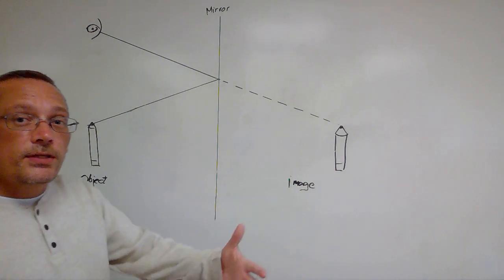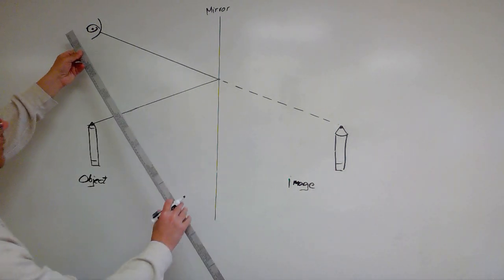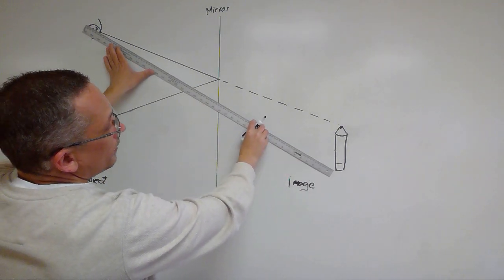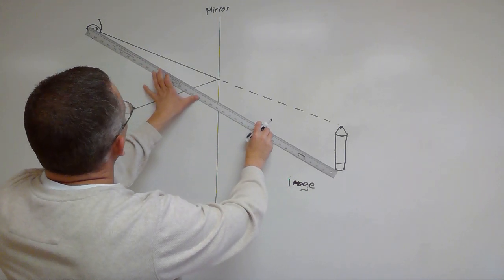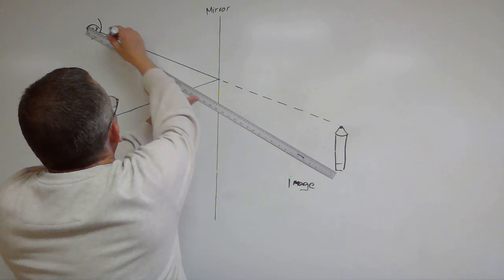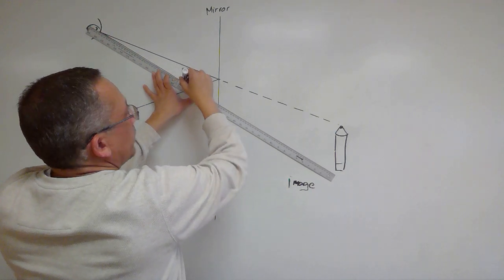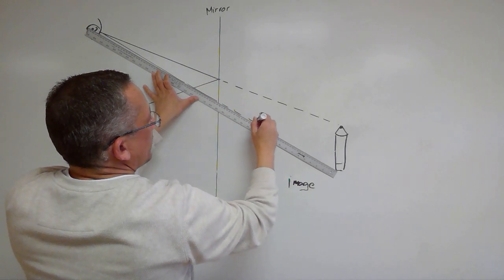And then oftentimes we'll do the same thing for the bottom of the object. So I'm going to line up from my observer to the bottom of the object. And I'm going to do the same thing. I'm going to draw straight to the mirror and then dashed after that.